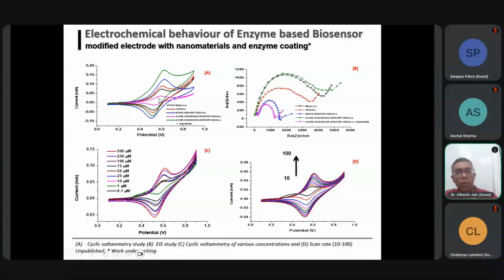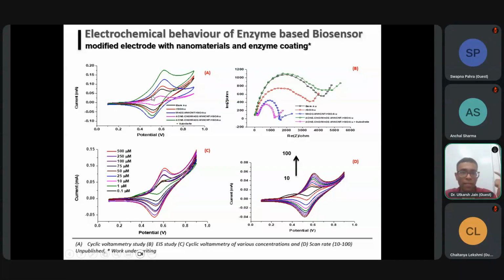Now, what is the most important thing? When we add acetylcholine to the sample, since acetylcholinesterase and choline oxidase enzymes are present, they immediately react, and in this process electrons are generated.